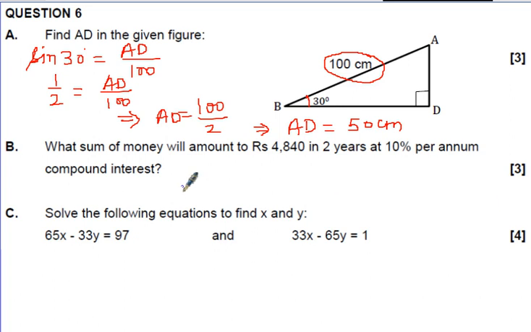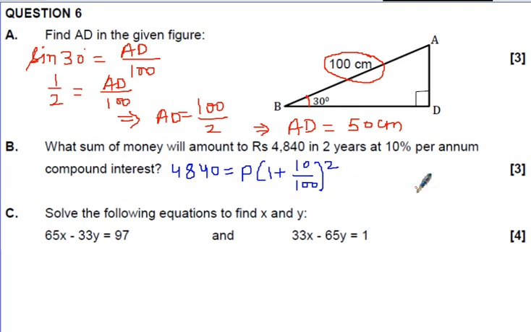Here, what sum of money amounts this much in 2 years at 10% compound interest? So you can apply amount formula. What sum of money amount? So this is amount given. Amount is given. Many children take it like principal. So amount is P(1 plus R upon 100) raised to N. R is 10 here, N is 2 here.